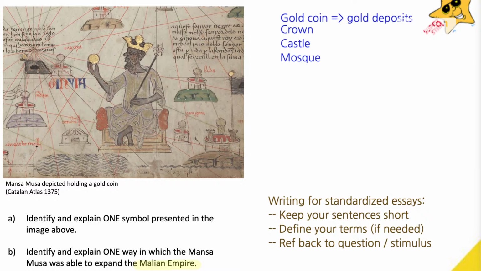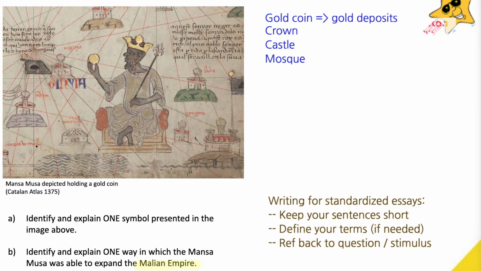Okay, so these are from the gold deposits. Mansa Musa was actually considered the richest man in the world during his time. So, when you think of Mansa Musa, think of like Jeff Bezos right now, or a few decades ago, Bill Gates, who was considered the richest man in the world. So that's basically the kind of recognition he had.